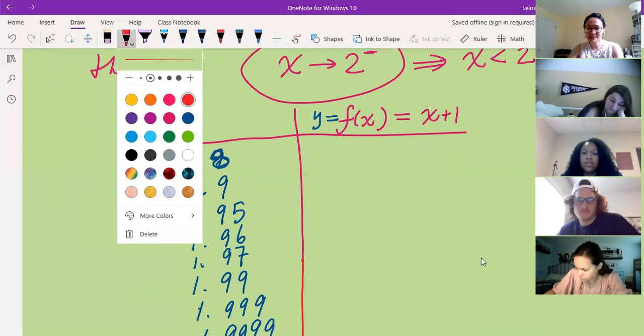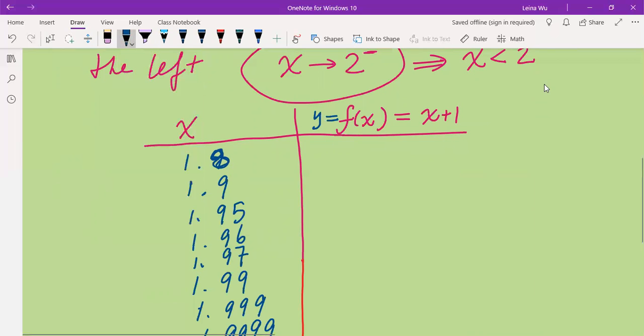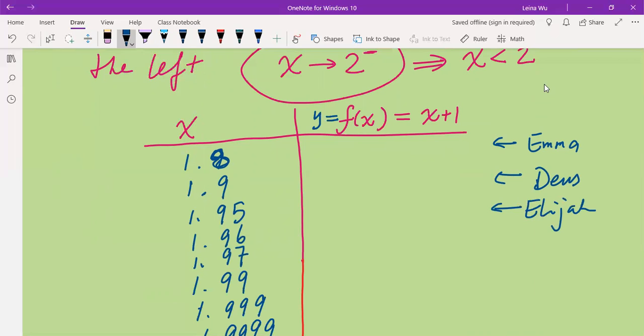Okay, I'm going to start assigning you guys so you can work on the screen, play with the annotation, and maybe change your color, whatever. So let's go. Emma? Deuce? Yes. You're the first block. Elijah? Okay. Monica? This is 4th. Okay, then 5th.